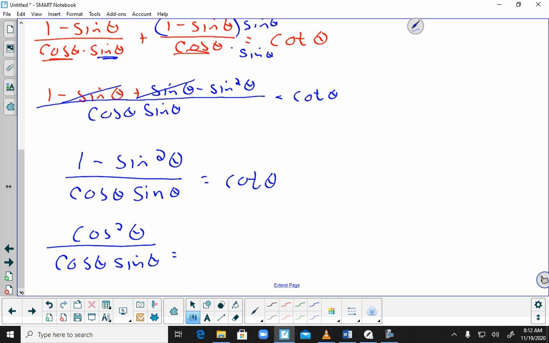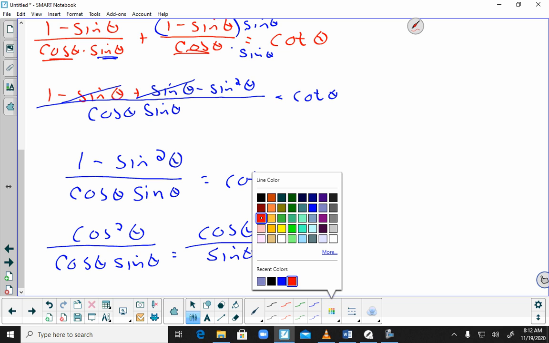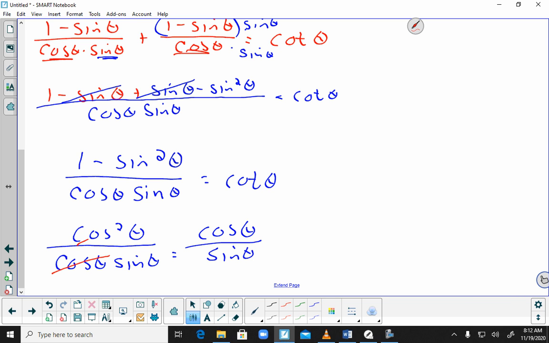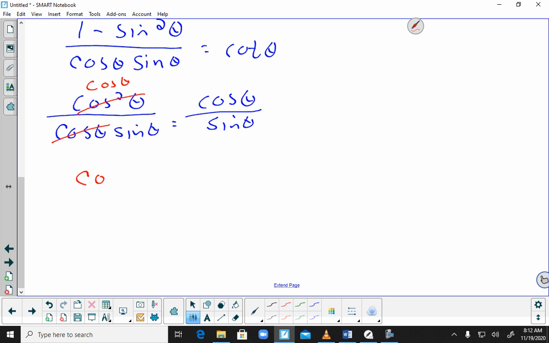And at this point I'm going to rewrite cotangent as cosine theta over sine theta. Here the cosines will simplify 1, and then I'll be left with 1. So I'm going to have the cosine of theta over sine of theta is equal to cosine of theta over sine of theta. So I've shown that the left side is equal to the right side.